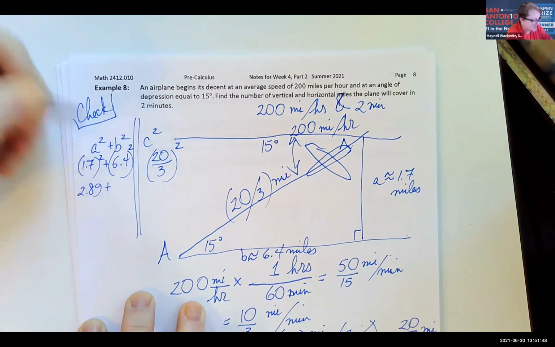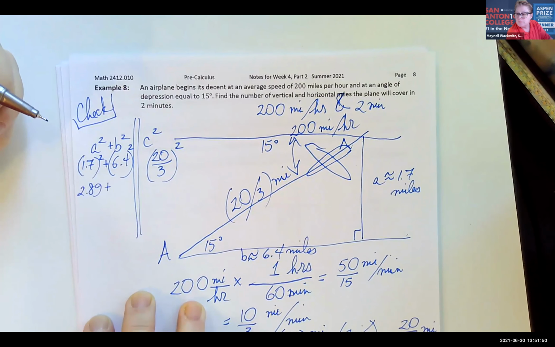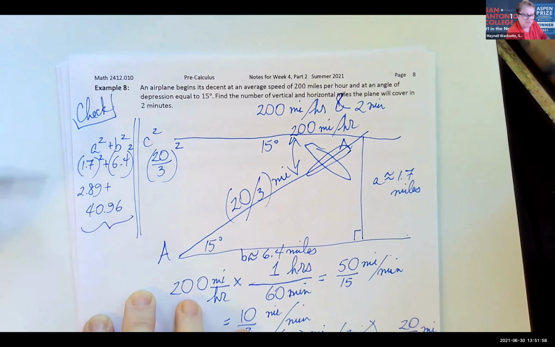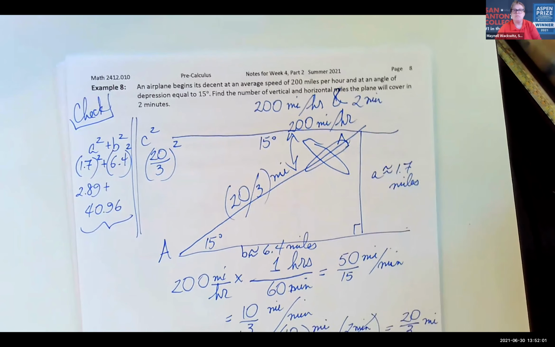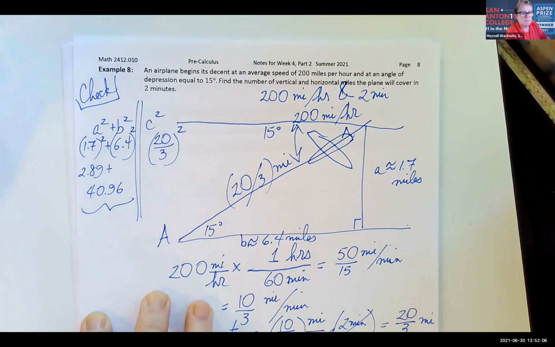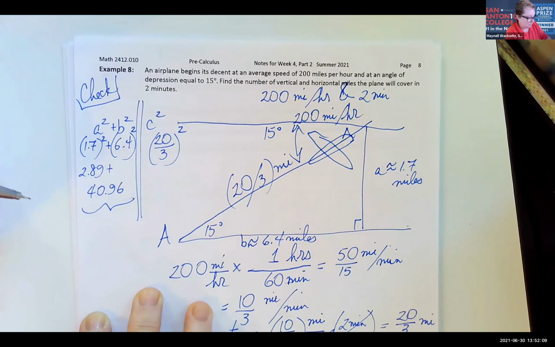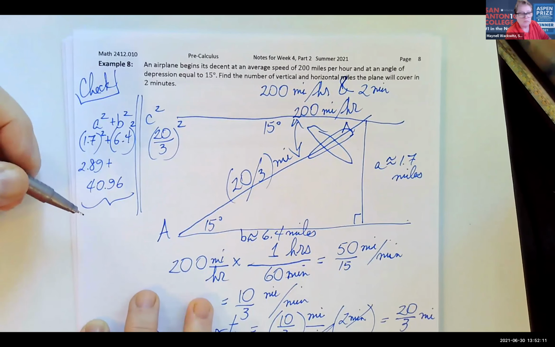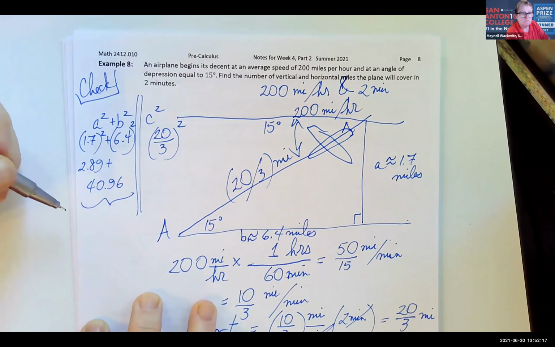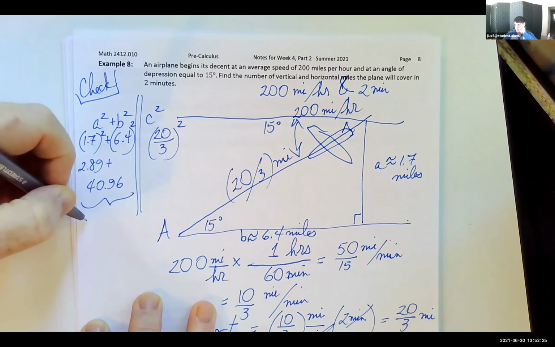All right. And 6.4 squared. That's 40.96. Excellent. And what is the sum? What is 2.89 plus 40.96? That is 43.85.